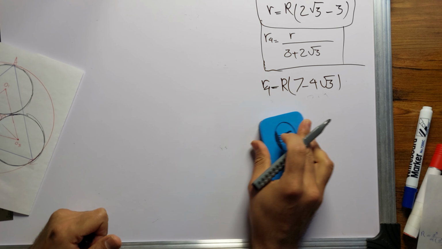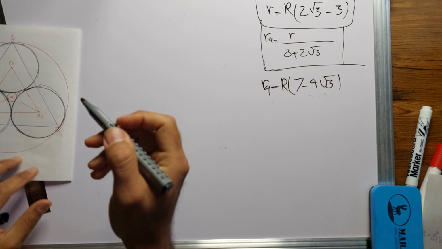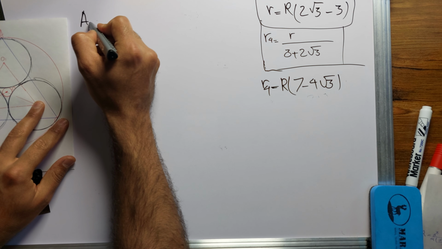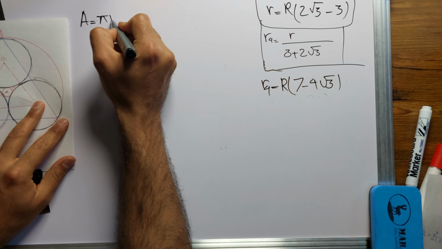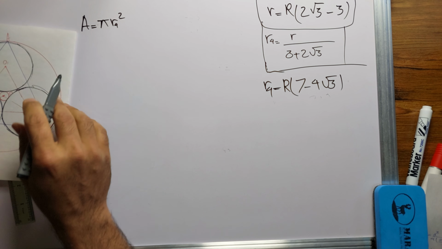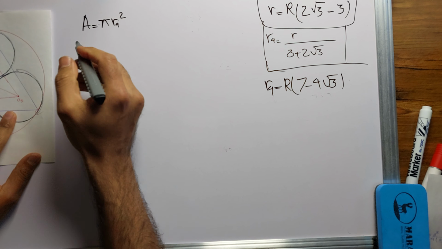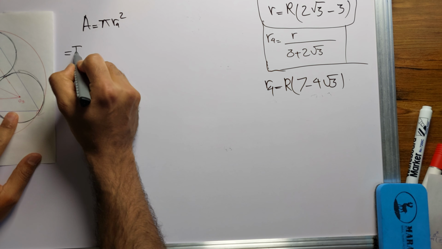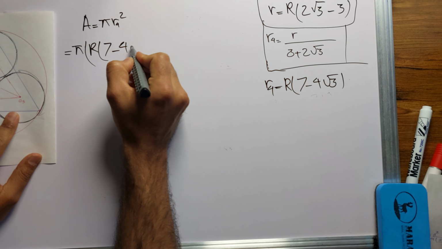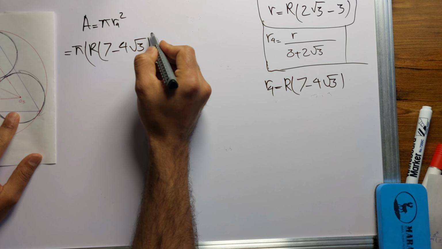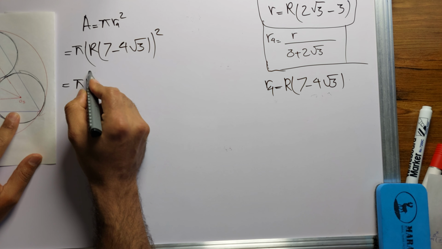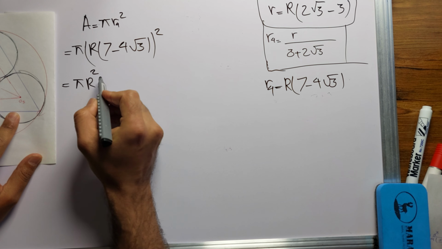So now the last step is just to find the area of the Soddy circle, which is just pi r4 squared, right? Okay, so let's just replace it. So area becomes pi, r times 7 minus 4 square root of 3, the whole thing squared. So we can write it as pi r squared, and this thing squared.